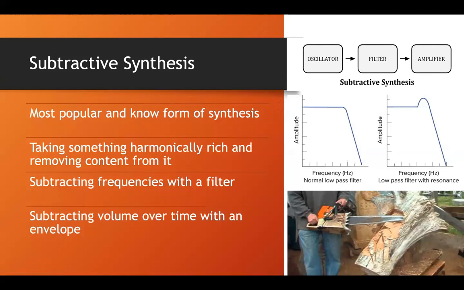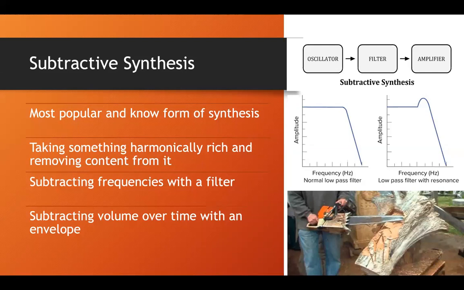There's nothing else to it, but let me go a little bit more in depth of what exactly we mean when we're saying this. Taking something harmonically rich and removing content from it. So what we're doing is we're taking a signal or a waveform that has a lot of harmonics on it. It's very harmonically rich. It has a lot of representation across the entire frequency spectrum, but still has tonal content, so it's not just noise.